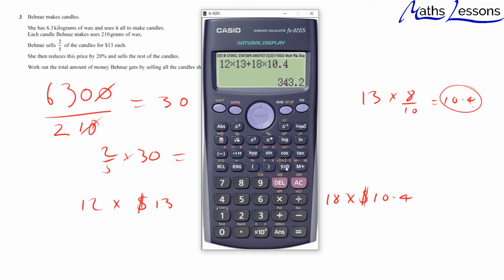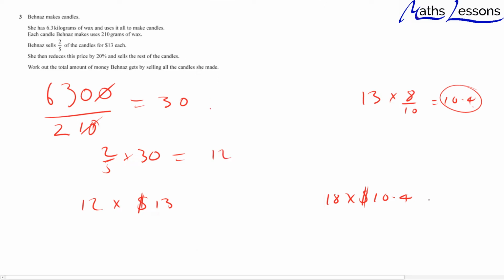And we get 187.2. Good check, I got the 10.4 right. Answer already: 12 times 13 is 156, plus 187.2 gives me my answer of $343.2.